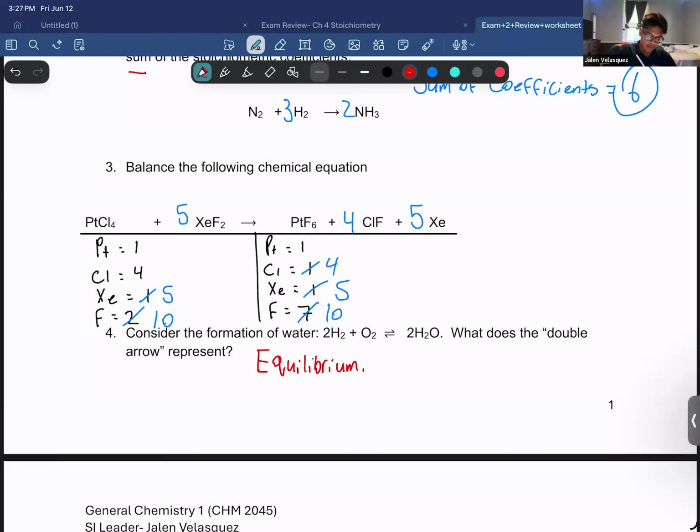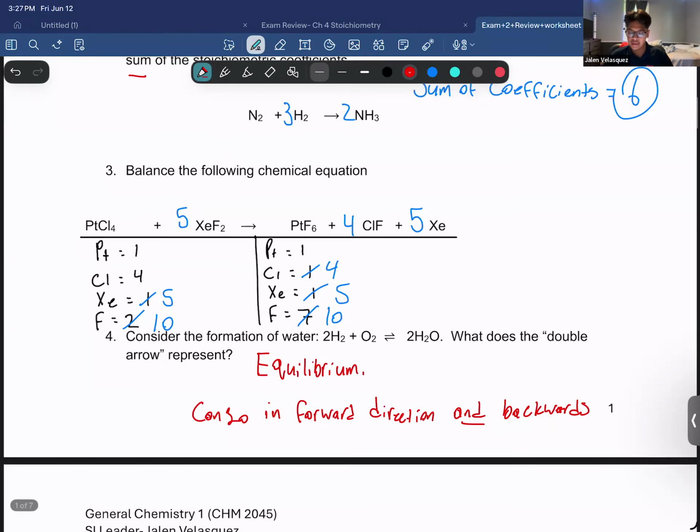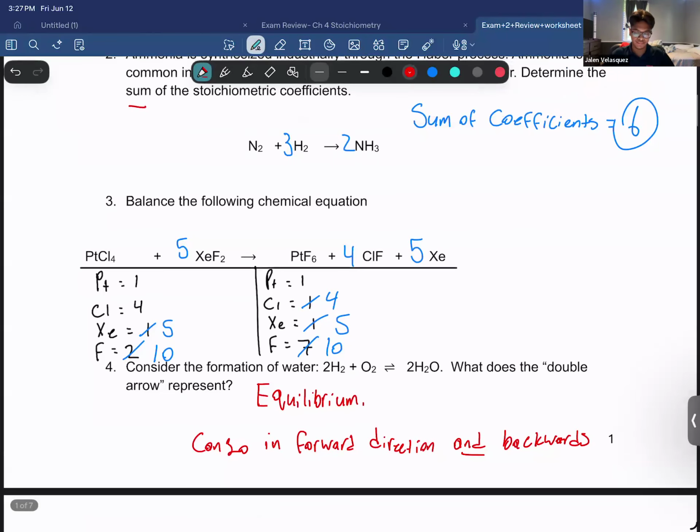So it can go in the forward direction, and it can also go backwards. Okay. That's really all you need to know for equilibrium. It's a very small point in this class, but when you get to chemistry 2, you'll talk a lot about equilibrium. Okay. Any questions on the first page before we move on?